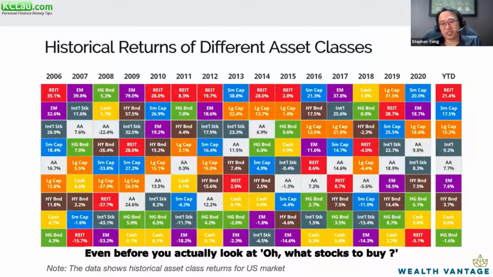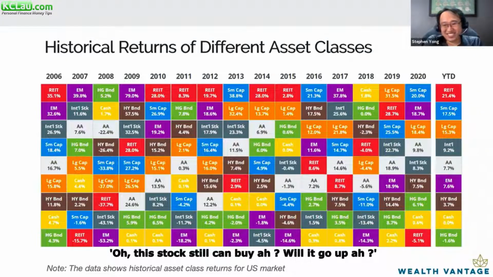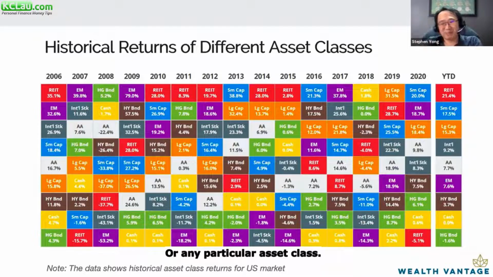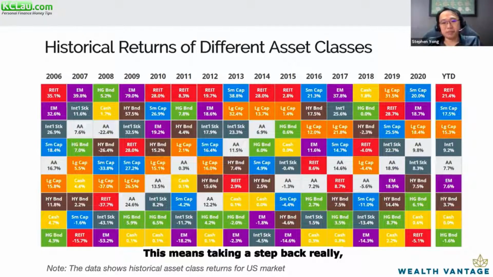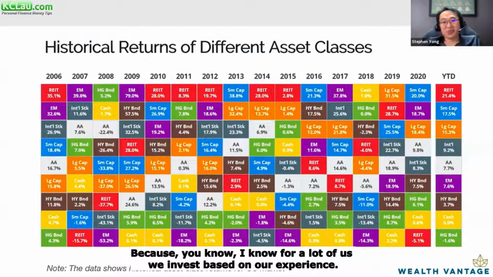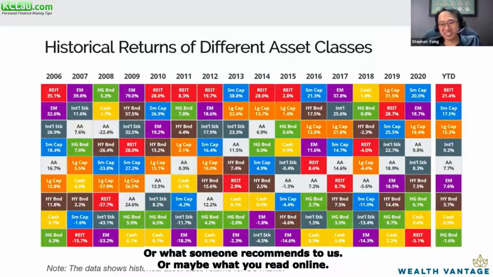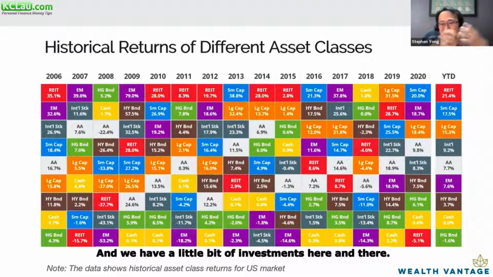Even before you look at what stock to buy, will it go up, or any particular asset class, more importantly, as an investor, you need to look at it from an overall asset allocation perspective. Yeah, this means taking a step back really, because I know for a lot of us, we invest based on our experience or what someone recommends to us, or maybe what you read online, and we have a little bit of investments here and there.